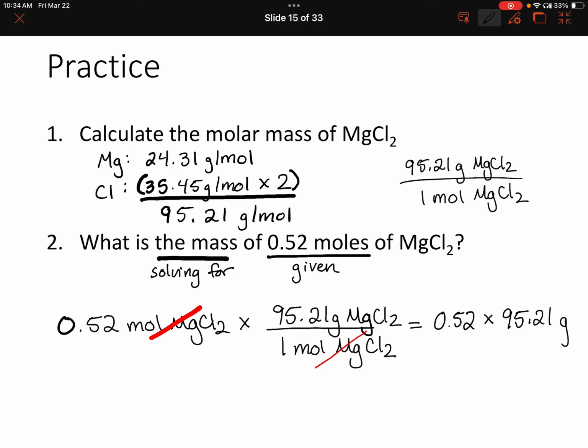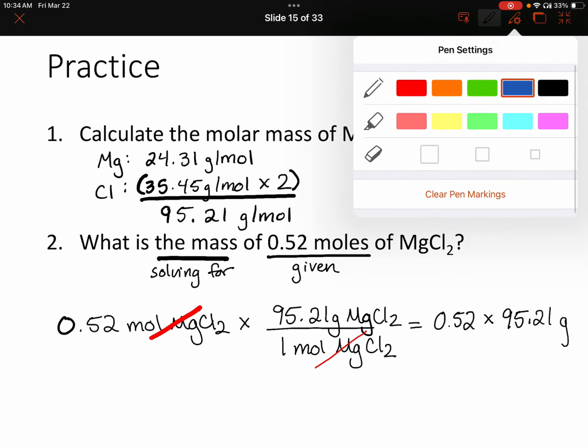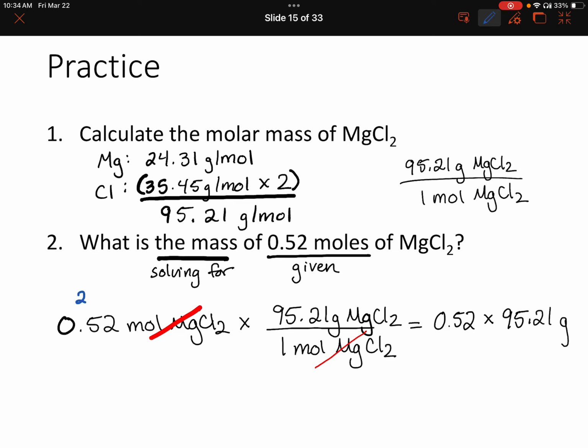Now, how many sig figs should our final answer have? 2, right? Because there are 2 sig figs in our starting value. There are 4 sig figs in our molar mass, and we want to limit our value to the least amount of sig figs.